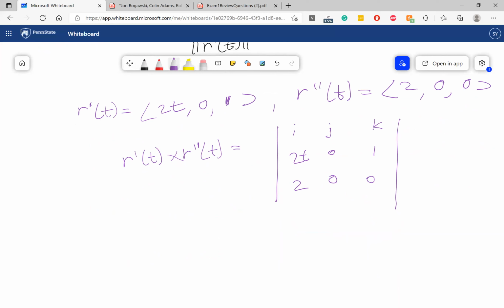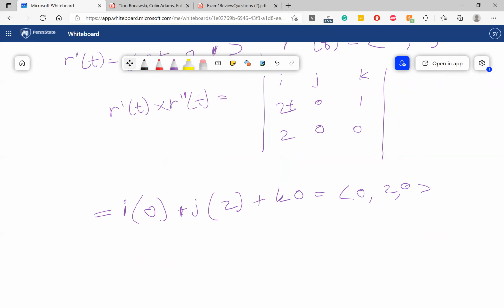So this cross product is going to be equal to i times 0, minus j times (2t times 0 is 0, and then minus 2, so then just plus 2), plus k times 0, which gives you the vector (0, 2, 0).